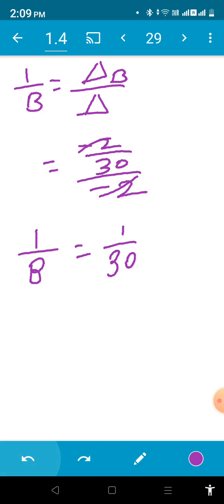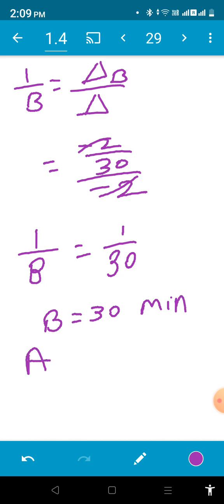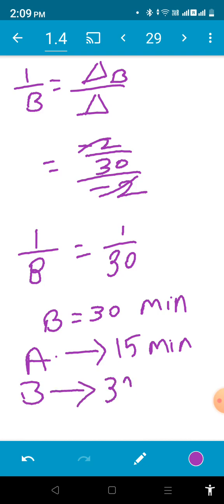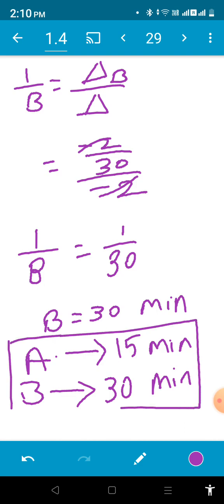So the B value is 30 minutes. So the tank is filled by pipe A in 15 minutes and pipe B in 30 minutes. This is the answer for this question. I hope you all understand this problem.